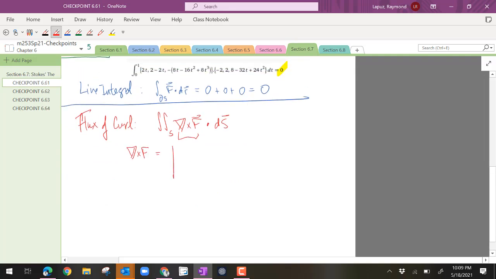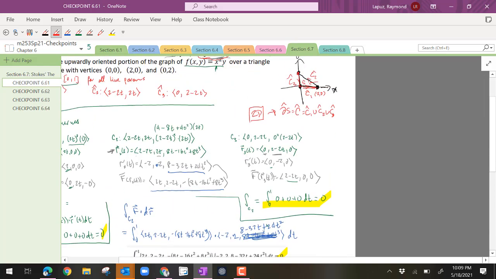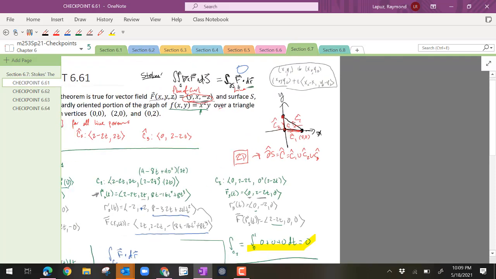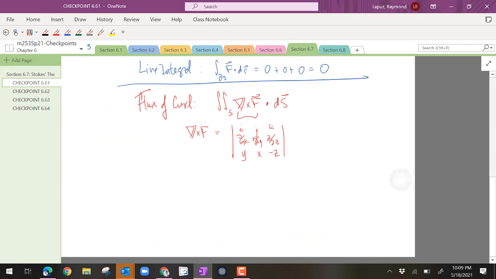So the curl, or at least the calculations for the curl, can be seen as the matrix i, j, k, partial with respect to x, partial with respect to y, partial with respect to z. That's your del operator, and then y, x, negative z. Okay, so that looks good. Let's compute this. In the i direction, it's going to be the derivative of negative z with respect to y, that's 0.